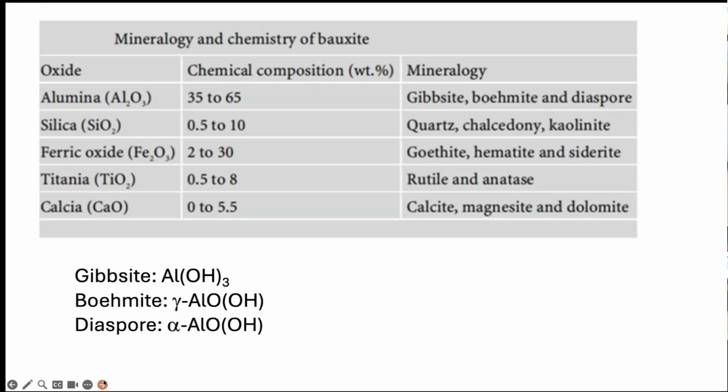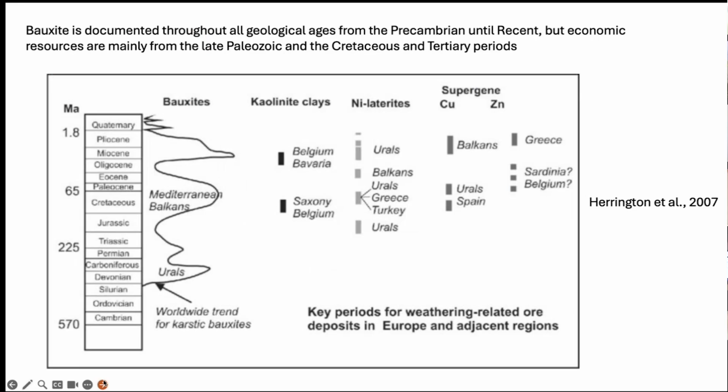So bauxite is documented from all the geologic ages, from the Precambrian to the recent, but the most important resources are mainly from the late Paleozoic and the Cretaceous and the Tertiary. You can see the time scale showing when the big deposits were.